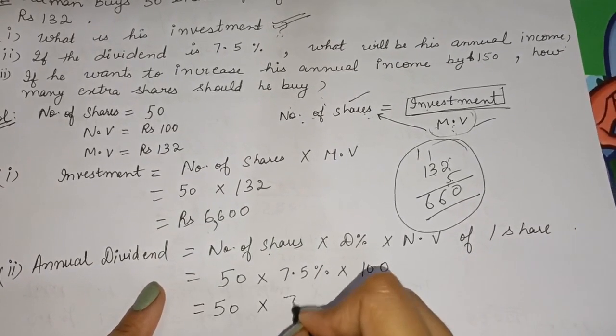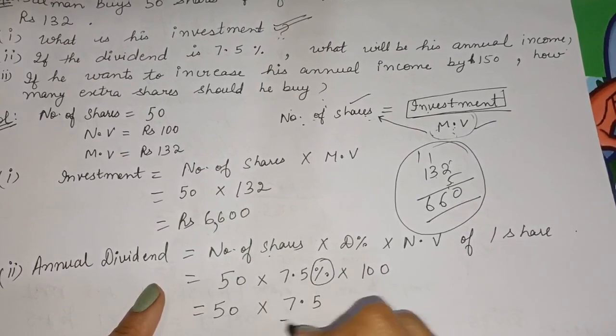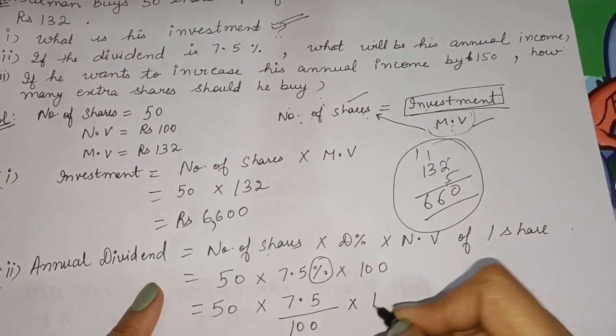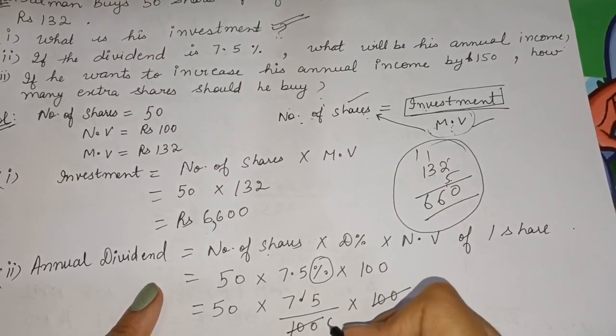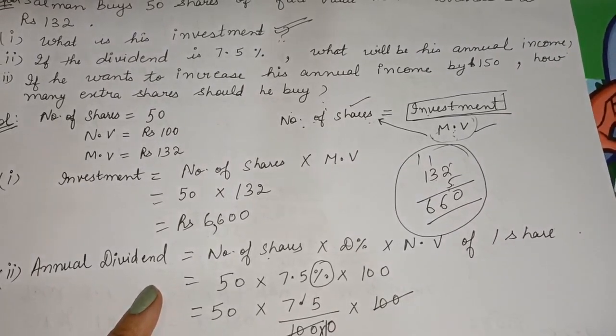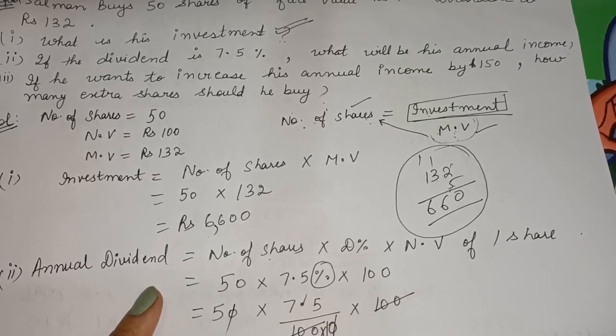50 into 7.5. This percent we can shift here as by 100. This and this will get cancelled. Here we can remove 1 0. We can write 1 0 over here. So this 0 and this 0 will get cancelled.